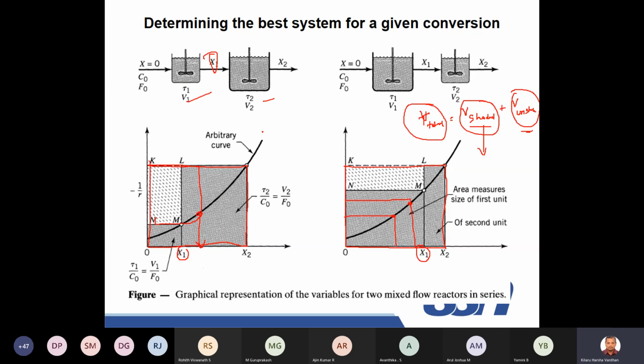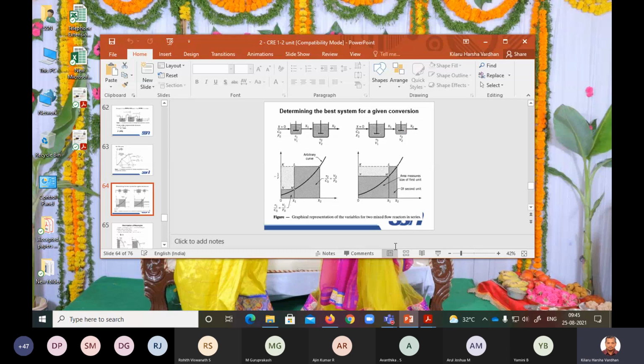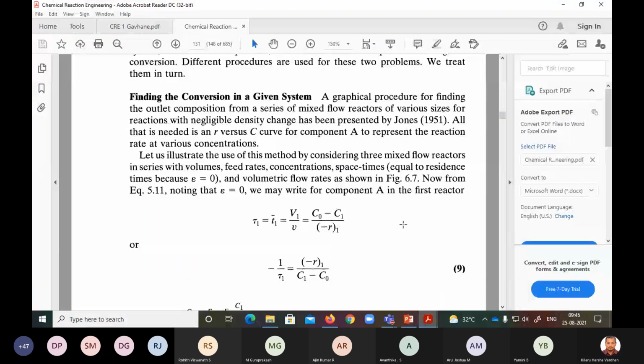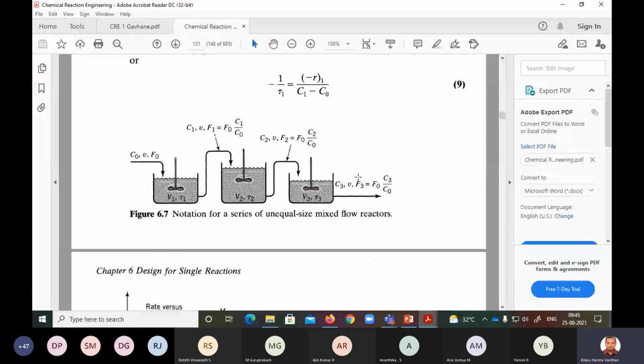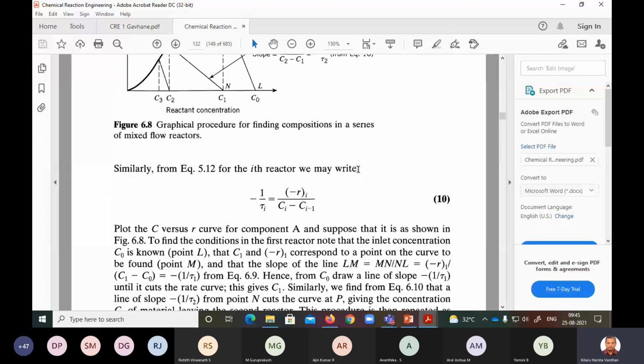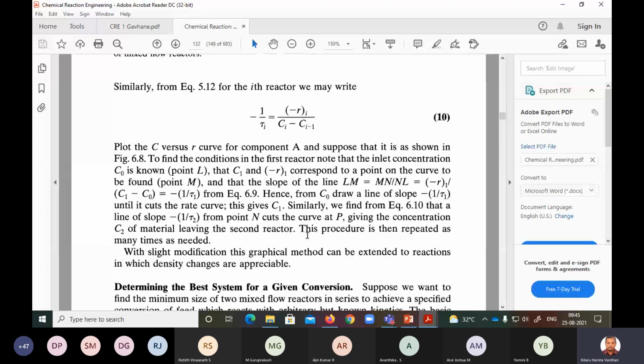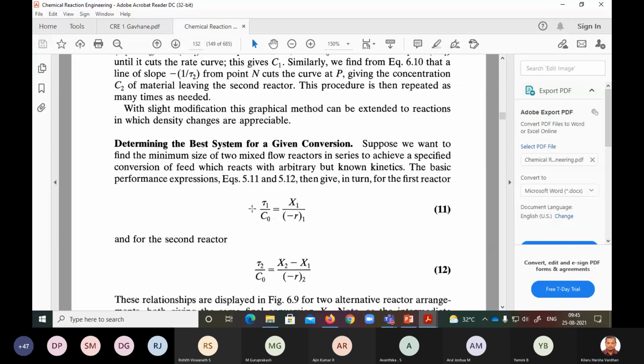But generally, for orders greater than 0, I'll show you that. You can see this is the Levenspiel book, which you can read, whatever I just gave you.